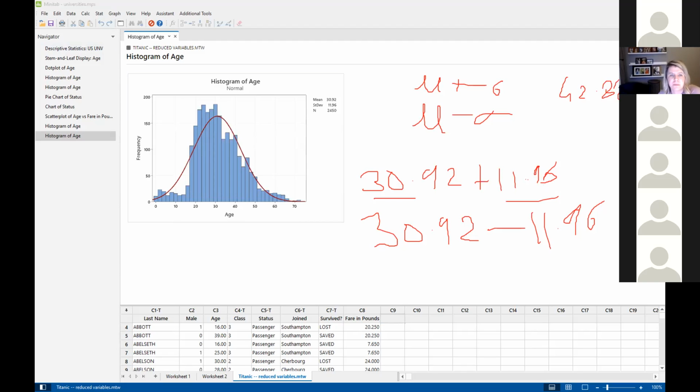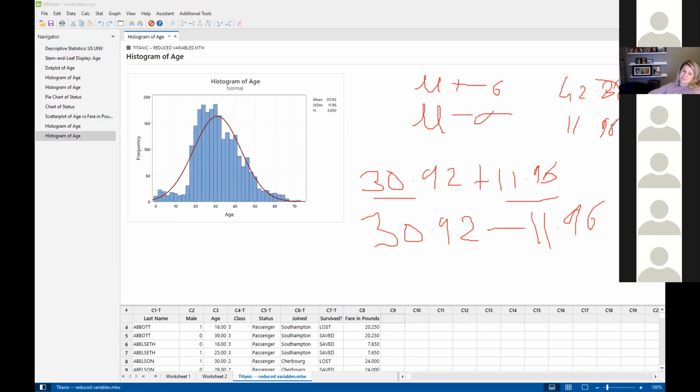Now I want to do one plus and one subtract. So 30.92 minus 11.96. So we are getting 18.96. So the answer is 11.96.